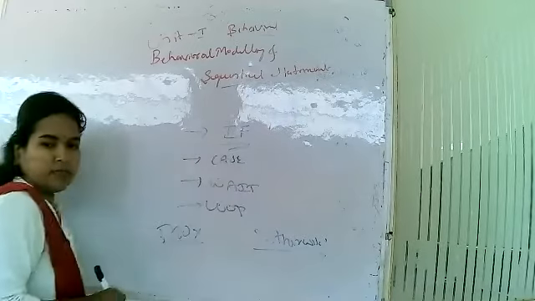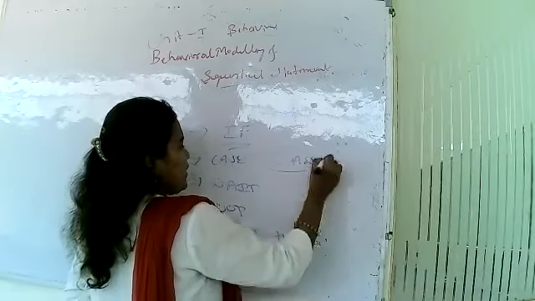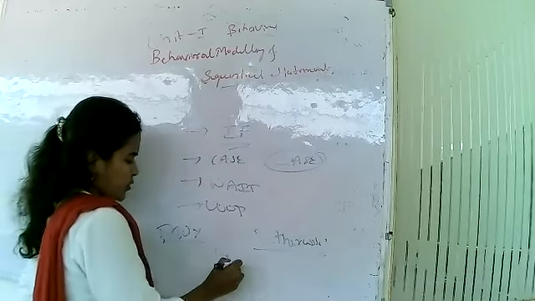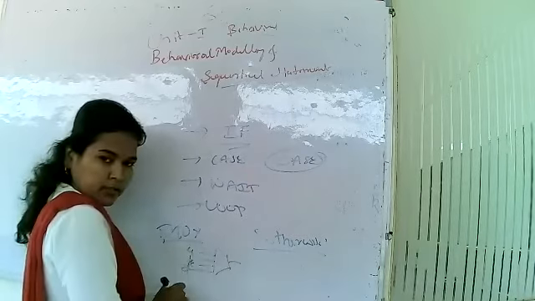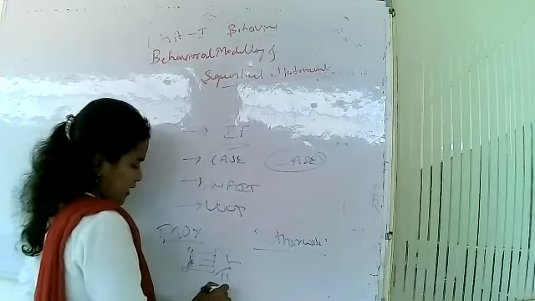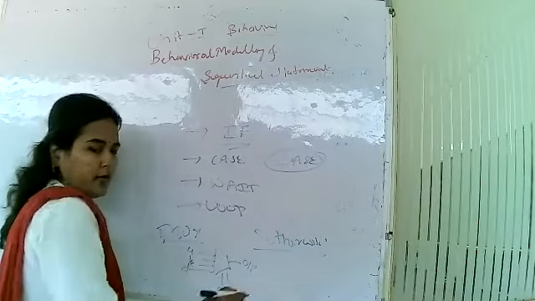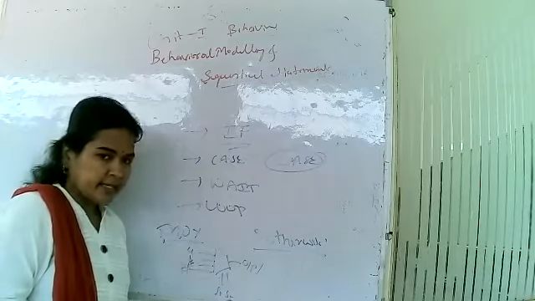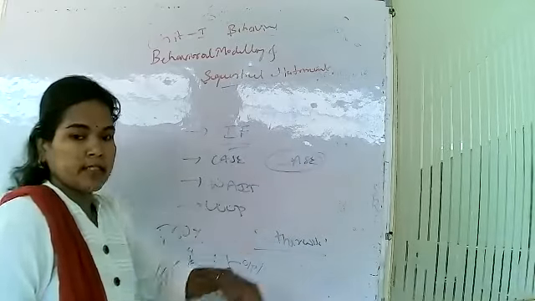Next one is case. For example, while explaining the multiplexer yesterday, I showed that there are 4 inputs, 2 select lines, and 1 output. Here there are 2 select lines, which means we have different cases.